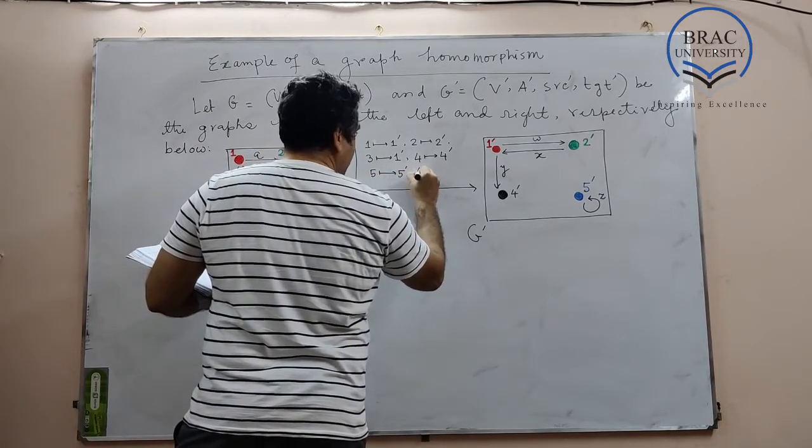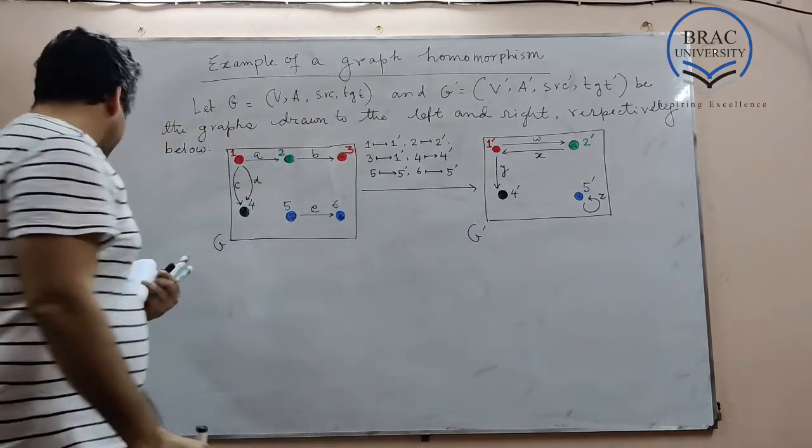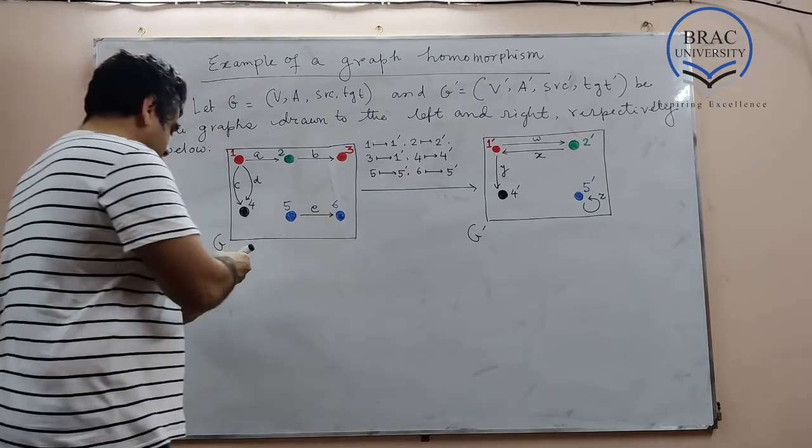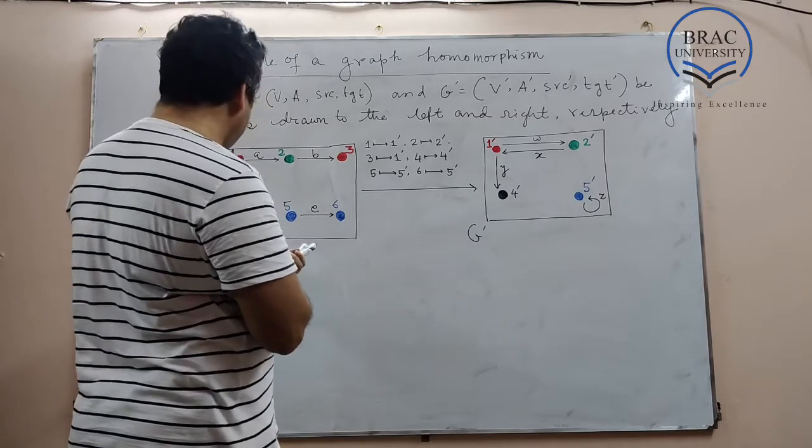And 6 is again mapped to 5 prime because they are both blue. So this is the map between these two graphs.